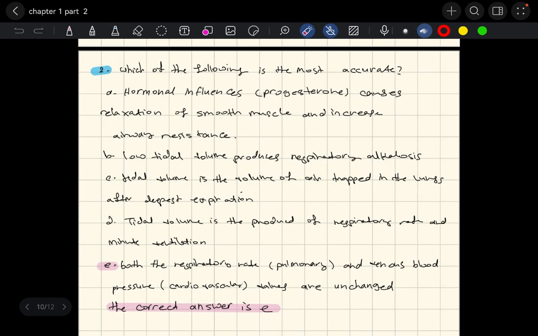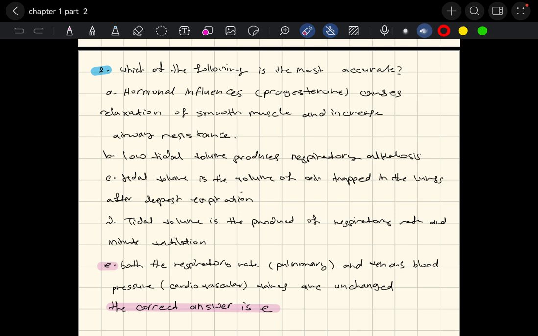And here the second question is: which of the following is most accurate? The first option: hormonal influences, in brackets progesterone, cause relaxation of smooth muscle and increase airway resistance. Wrong. B: low tidal volume produces respiratory alkalosis. C: tidal volume is the volume of air trapped in the lung after deepest expiration.